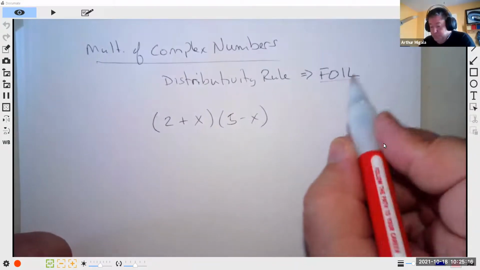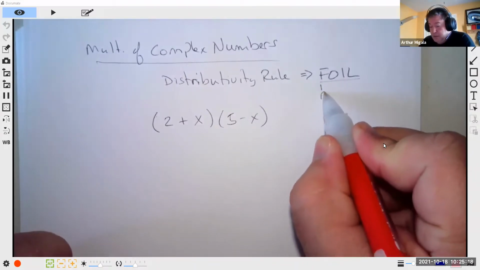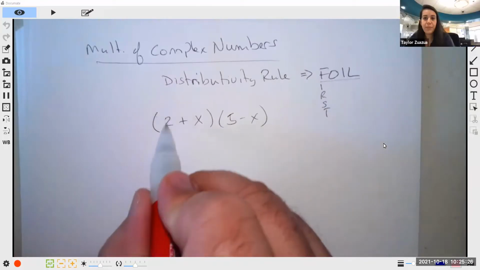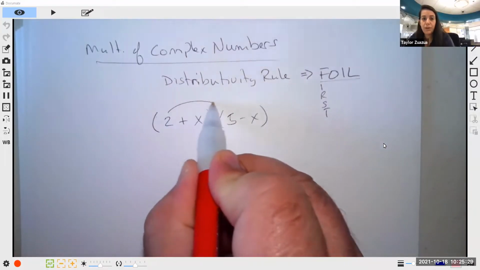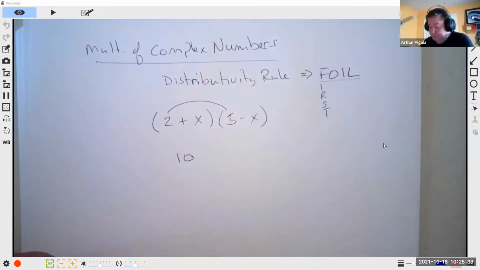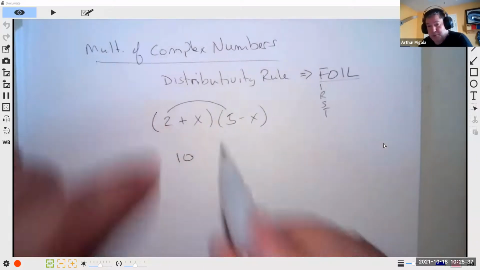FOIL is an acronym. The F stands for first. We'll multiply the first numbers. 2 times 5 is 10, since they're the first ones in the parentheses.